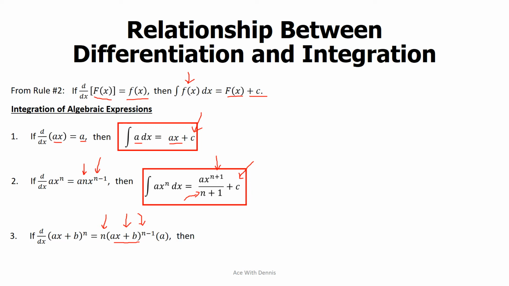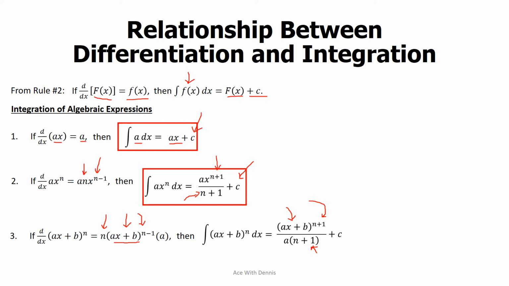Therefore, now, if we want to integrate ax plus b to the power n dx, we will need to reverse the process, where first we copy the function inside the bracket. Now the power plus 1, so we get the n plus 1 here, followed by divide n plus 1 at the bottom, and when we differentiate the bracket, we get an a.